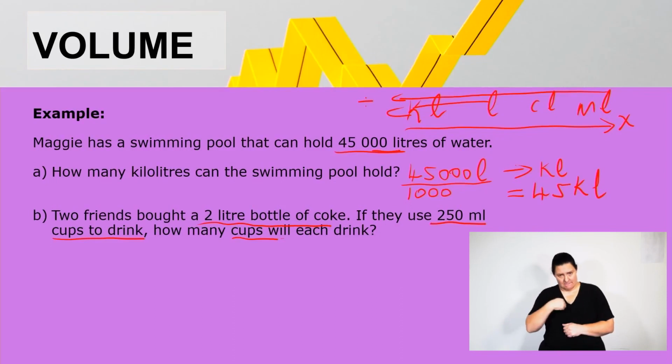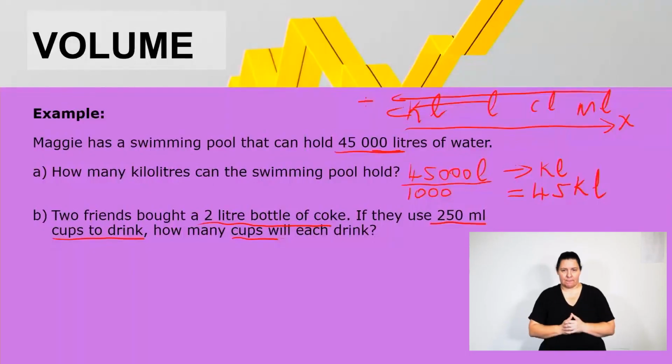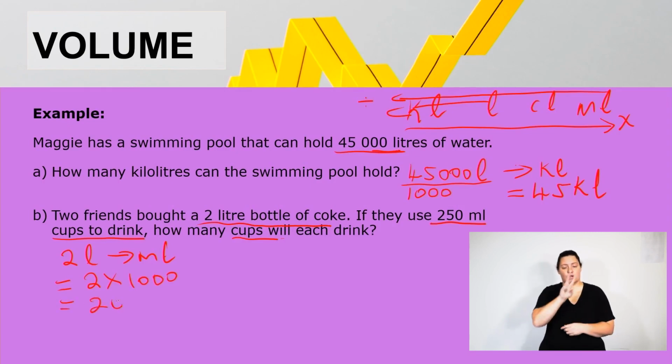I will convert from liters to milliliters, and you can convert from milliliters to liters and see if our answers are the same. So we'll start first by converting the 2 liters to milliliters. We will then say 2 multiplied by 1,000. We get 2,000 milliliters.